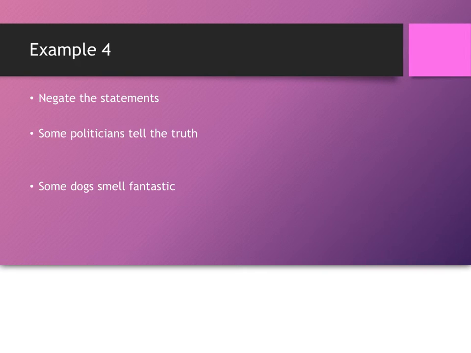So I want you to push pause and negate the following two statements. Some politicians tell the truth, some dogs smell fantastic. Now I hope that you got that down. Basically, to negate some politicians tell the truth, you'd say no politicians tell the truth.